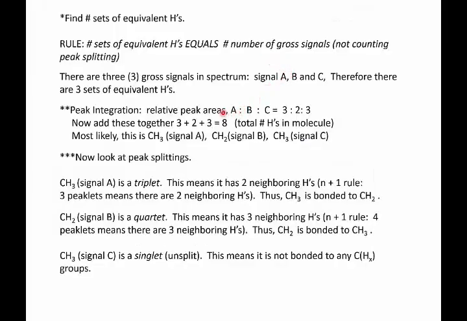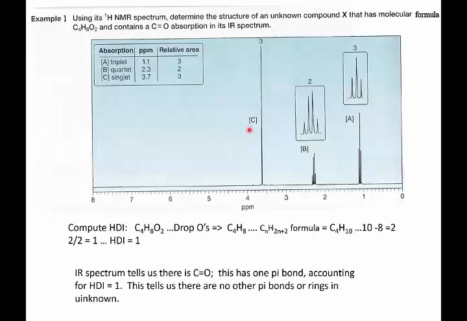Now let's add up those values, see what we get. 3 plus 2 plus 3 gives 8. Well, that's good news, because the total number of hydrogens is 8. This means that the molecule consists of a group of 3 hydrogens, a group of 2 hydrogens, and a group of 3 hydrogens.